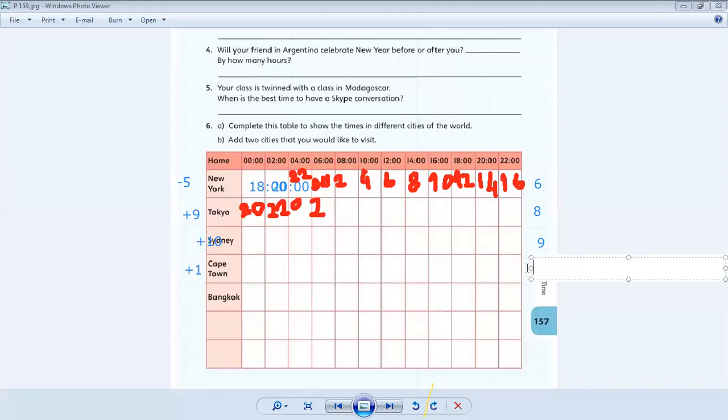Okay, and Bangkok. Bangkok in Thailand, and the time zone is +7.